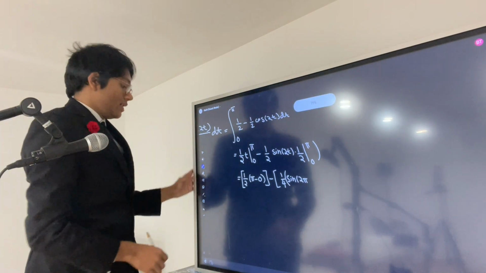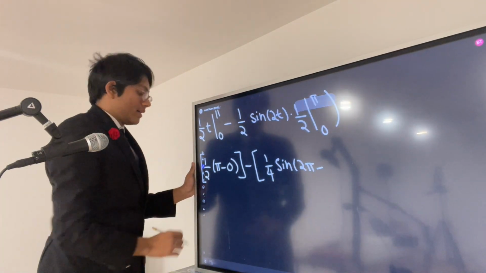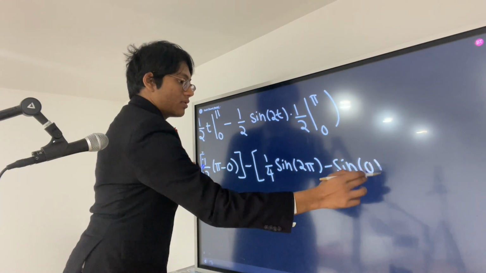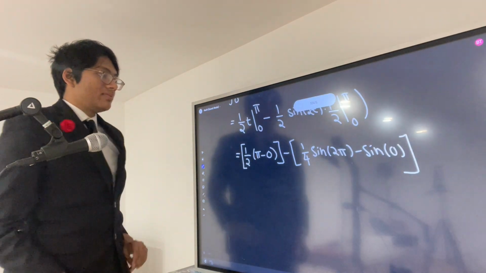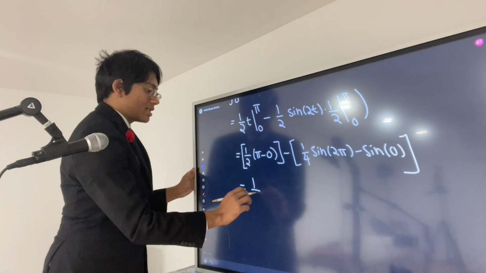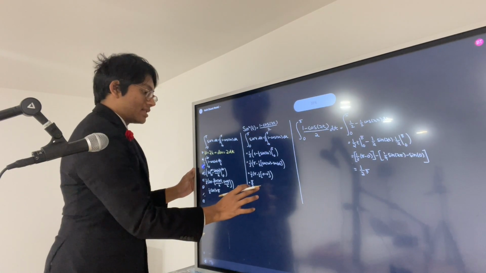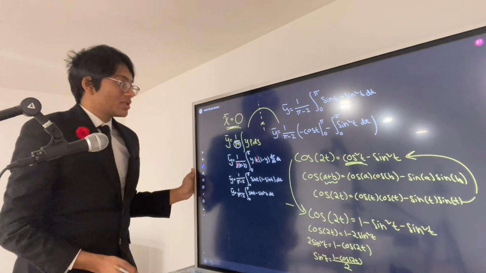Sine of 2 pi minus sine of 0. Okay, so that's going to work out to be 0 on the right hand side. So we're just going to be left with half pi. And so now, ladies and gentlemen, it seems like we have found our integral.